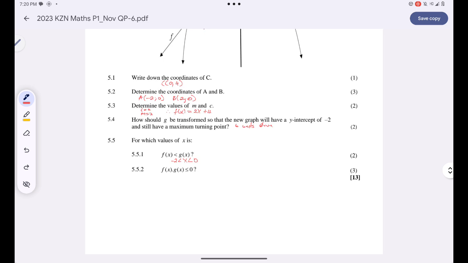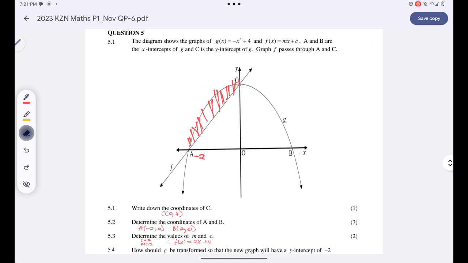Okay, for which values of x is the product of f of x and g of x less than 0? This simply means that I'm looking for the values of x whereby both my graphs are above the x-axis at the same time or below the x-axis at the same time. Where can I find that?